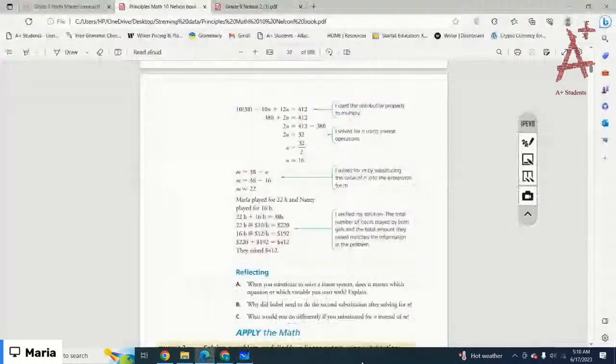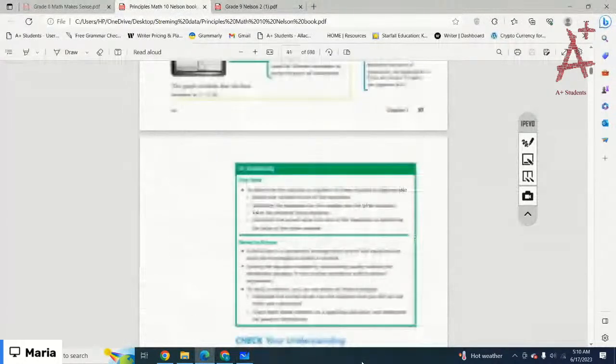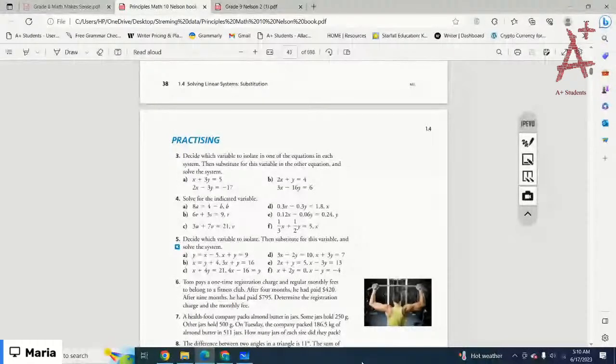We're going to learn how to solve linear equations with the substitution method. Got it? So let's start with the practice questions. Let me write it down on the board.